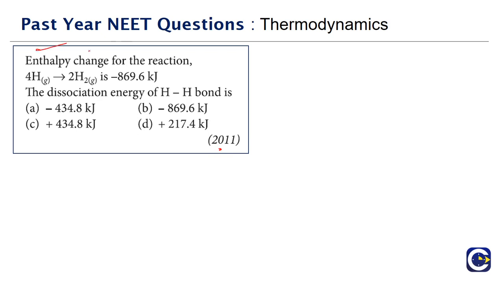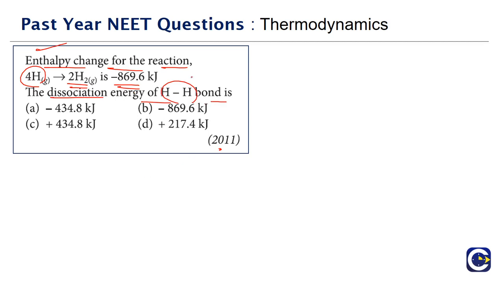It's a straight question. The enthalpy change for the reaction 4 moles of gaseous hydrogen atoms giving rise to 2 moles of hydrogen molecules is given as minus 869.6 kilojoule. The dissociation energy of H-H bond is?